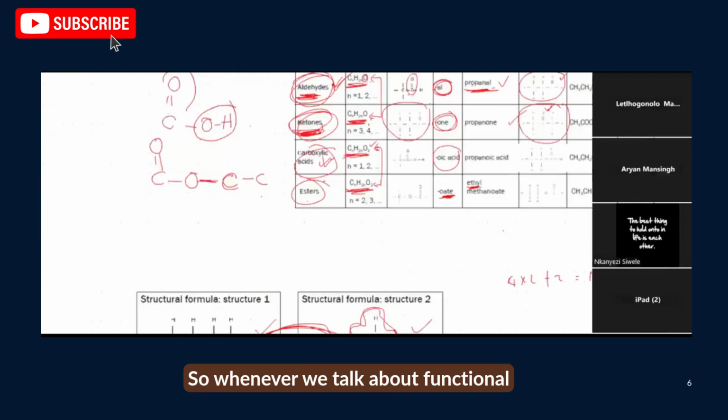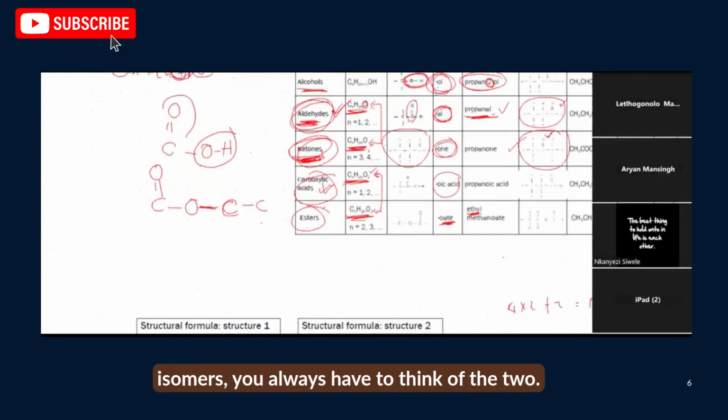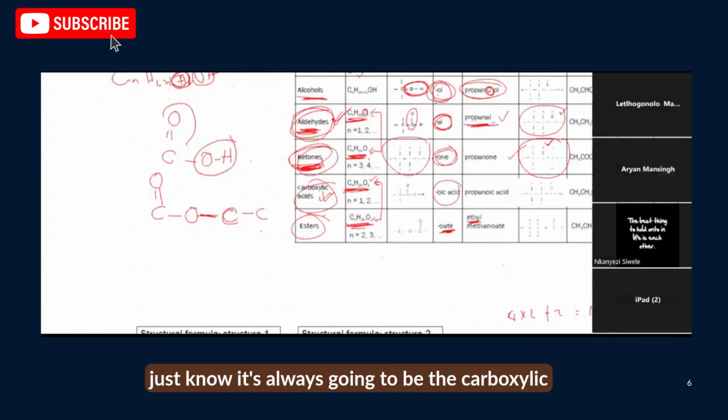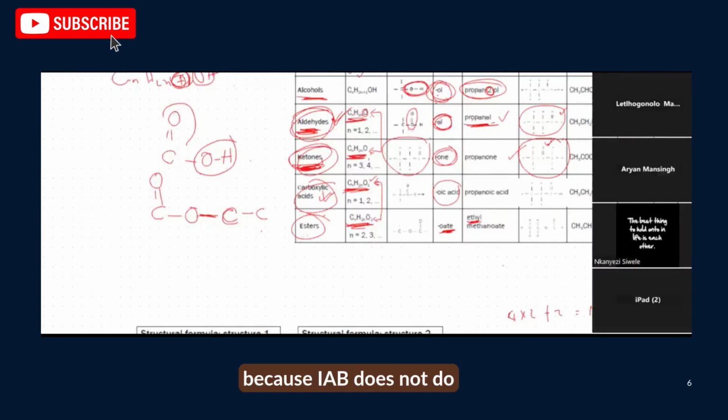So whenever we talk about functional isomers, you always have to think of the two. It's either going to be an aldehyde with a ketone, or it's going to be a carboxylic acid with an ester. If you are doing IB, just know it's always going to be the carboxylic acid with the esters, because IB does not do aldehydes and ketones.